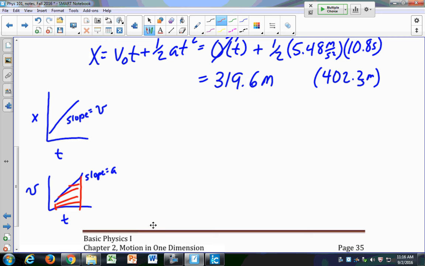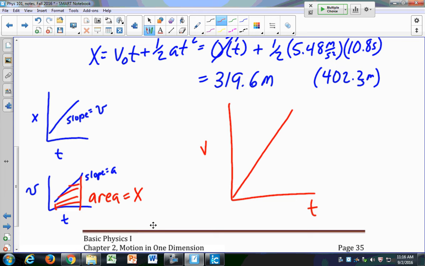So the area equals x. So if I were to plot my v versus t graph, this is the point of all this. If I were to plot the v versus t graph, it would look like this.